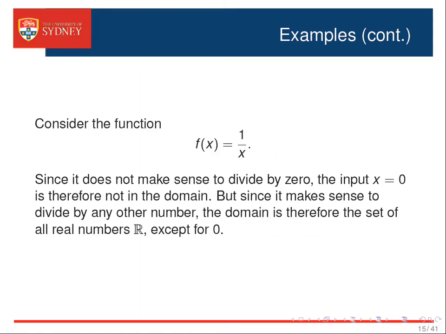Let's take a look at another example. Consider the function f of x equals 1 divided by x. For what values of x does the function make sense? Well, it makes sense to divide by any real number except for 0. Therefore, the domain is the set of all real numbers, not including 0.